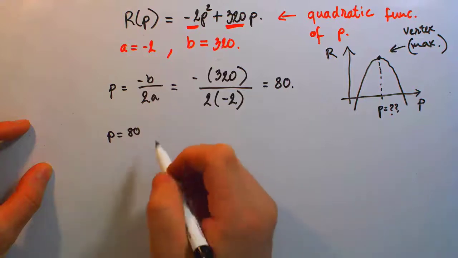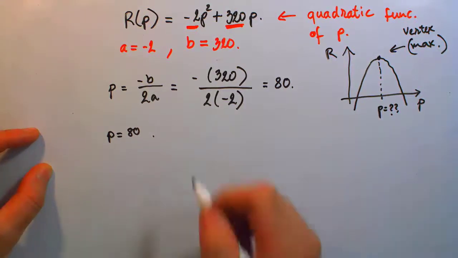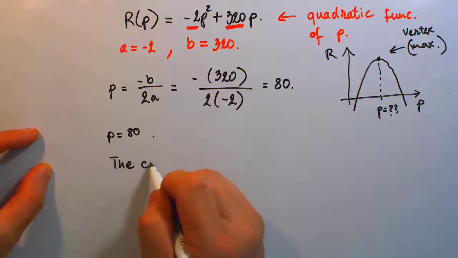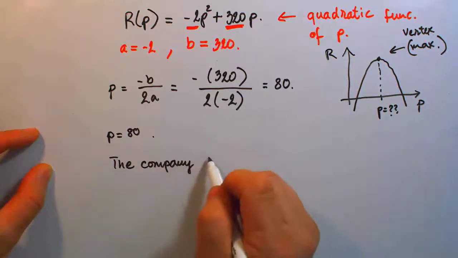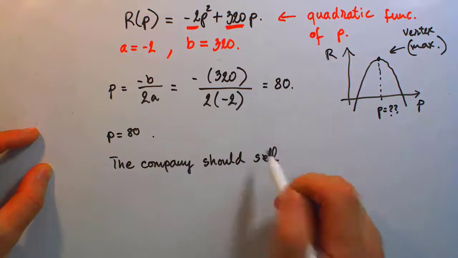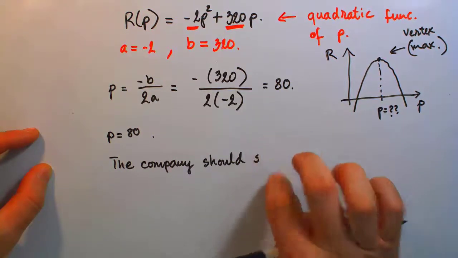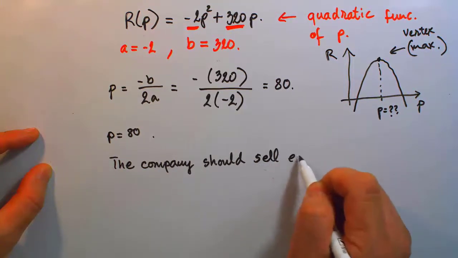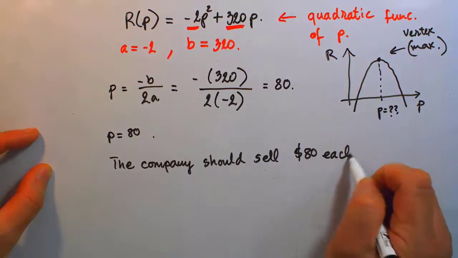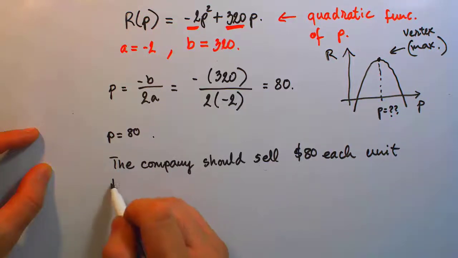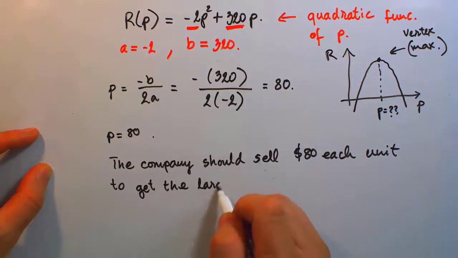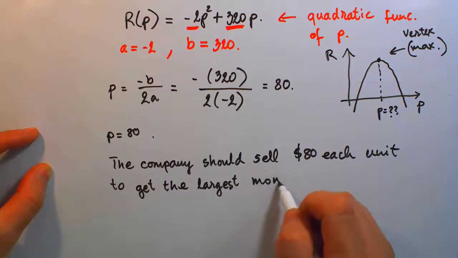But formally concluding in the business context, our final conclusion says the company should sell each unit at $80 to get the largest monthly revenue.